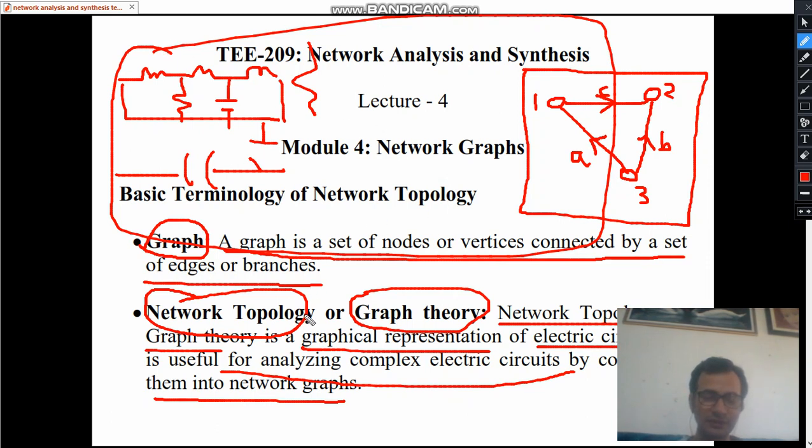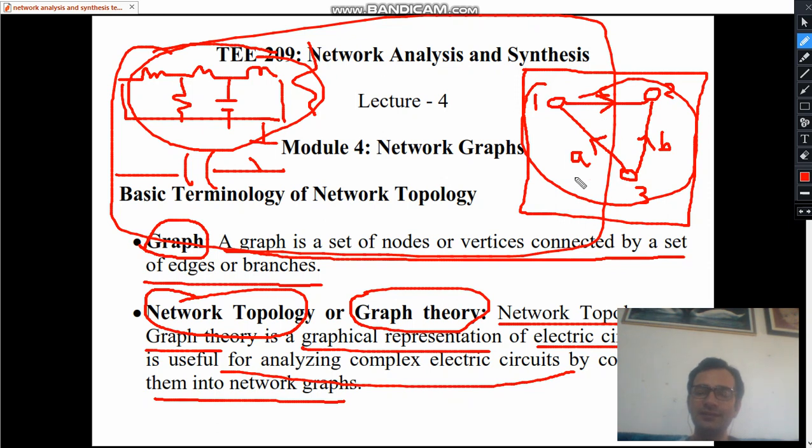So network graph theory, or simply graph theory, enables us to represent these equations in terms of various matrices. And in order to represent the governing equations in terms of matrices, what do we require? We require that the graph of the network has to be drawn and then various matrices are to be determined.